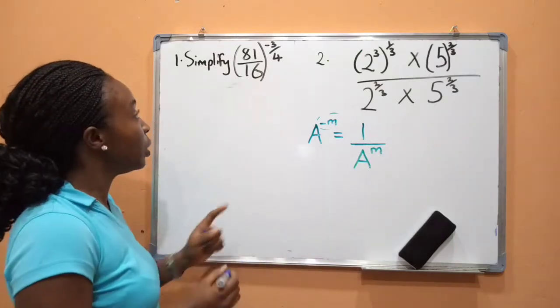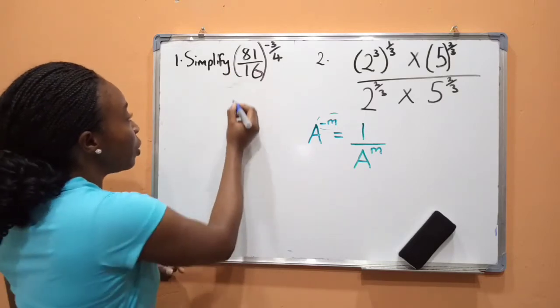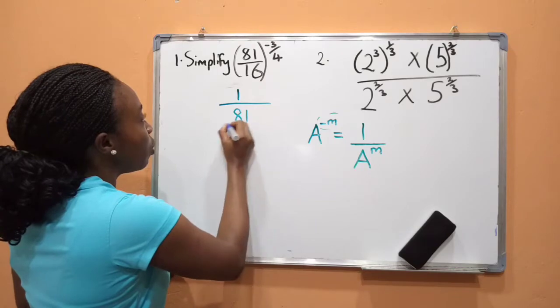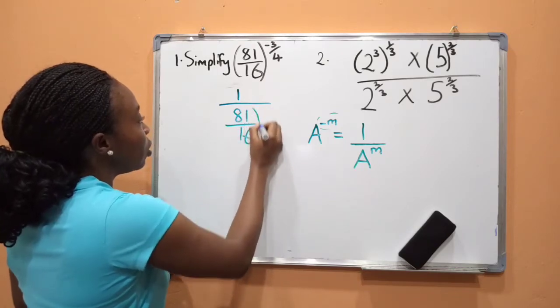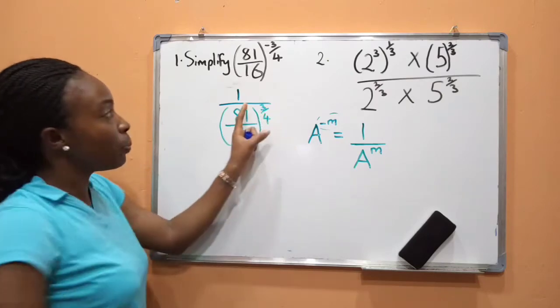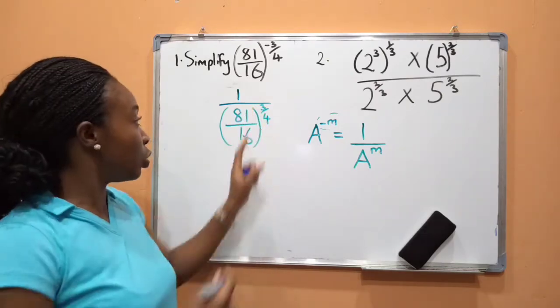So the first thing we are going to do is rewrite this, and we are going to have 81 over 16 to the power of 3/4. So now we have a positive power. It becomes easy to solve.